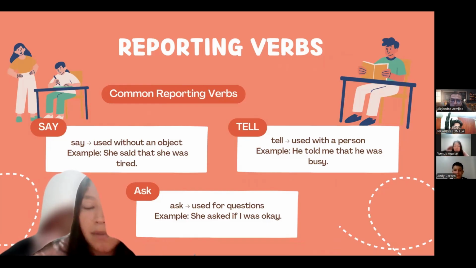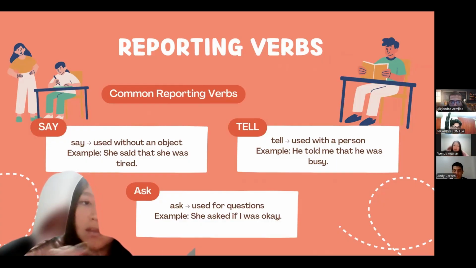The second verb is tell. We use tell when we include the person receiving the information. Example, he told me that he was busy. So, one important difference is say takes no object and tell needs an object like me, him, us, or them.